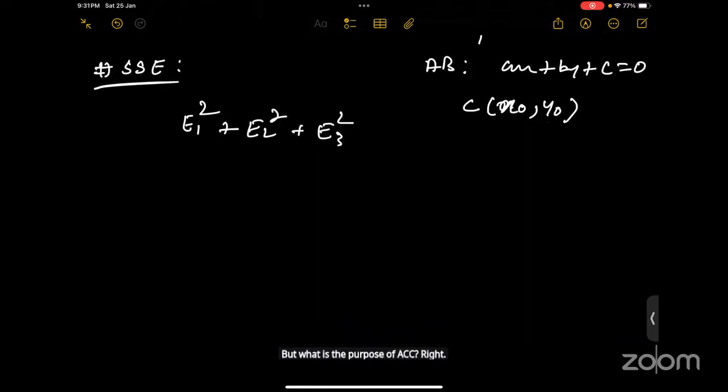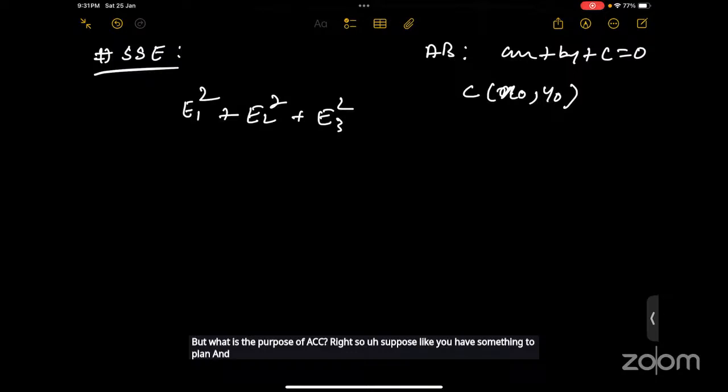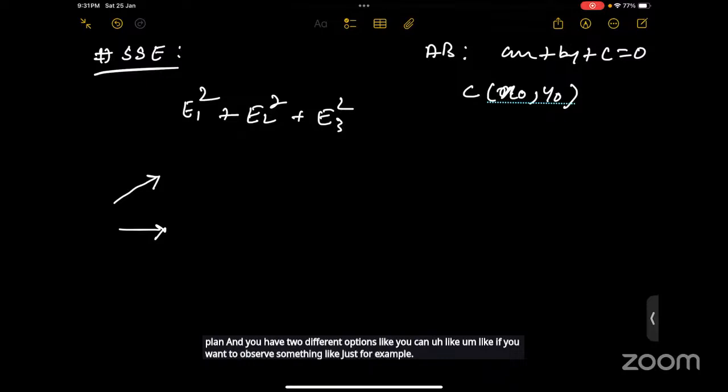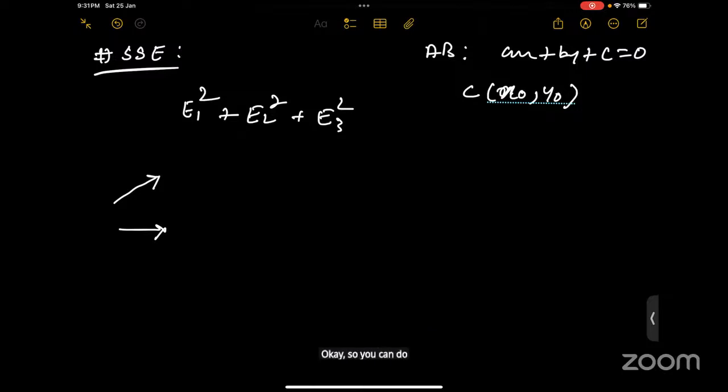Suppose you have something to plan, and you have two different options. For example, suppose you want to start a business and you want to observe your profit. You can do it exactly, or you can do it approximately.